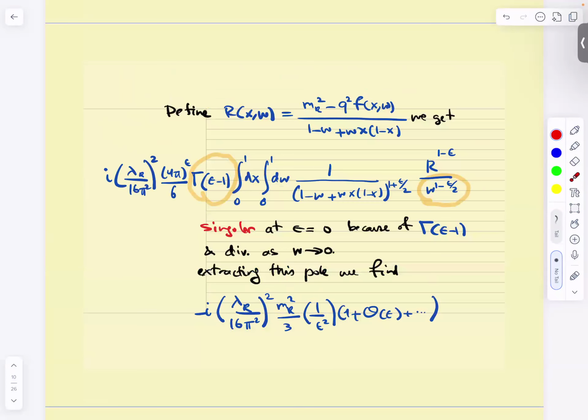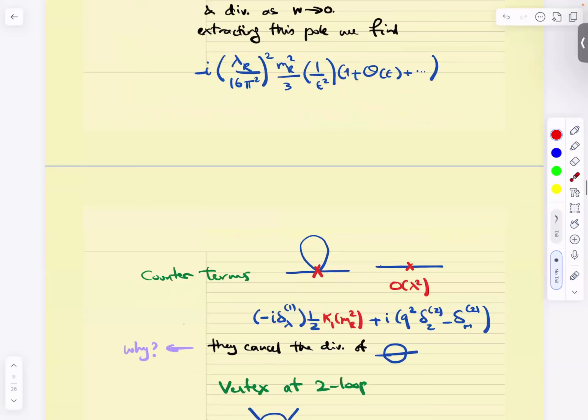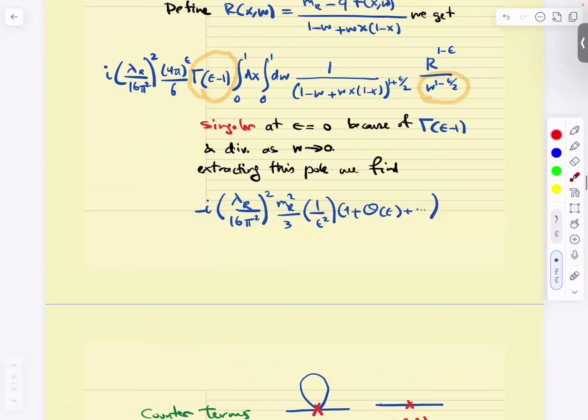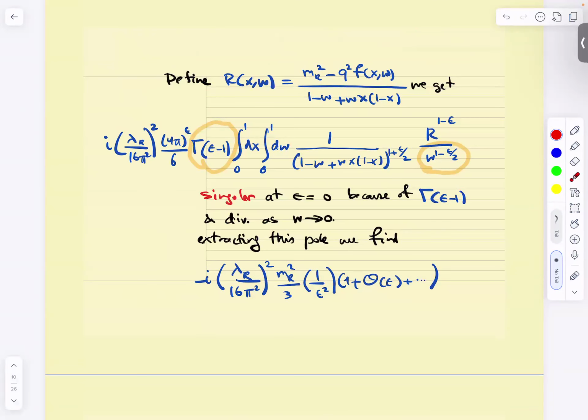All right, good. Now, we saw that the divergence of these two guys canceled, right? Now, what cancels the divergence of this? How could we cancel the divergence of this? The divergence of this is order lambda squared, right?